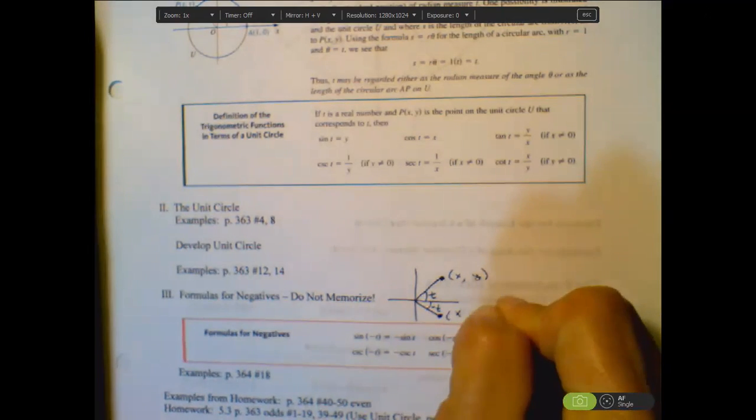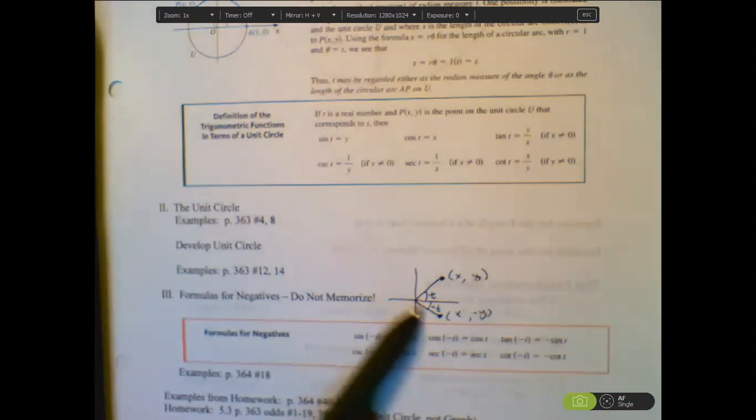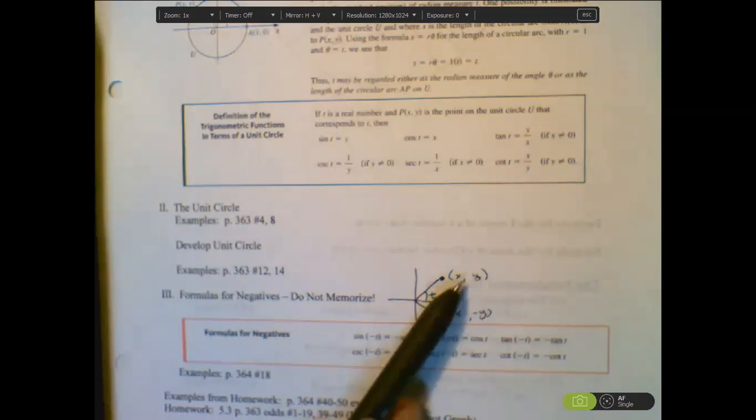Same point, but go ahead. (x, -y). Yes. So in other words, whether I'm going counterclockwise or clockwise, my x stays the same.